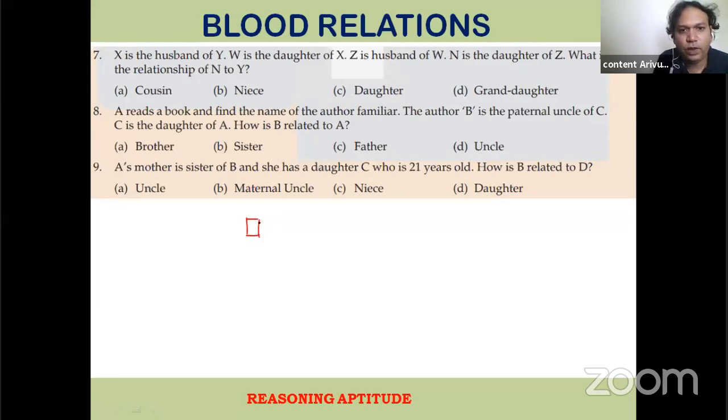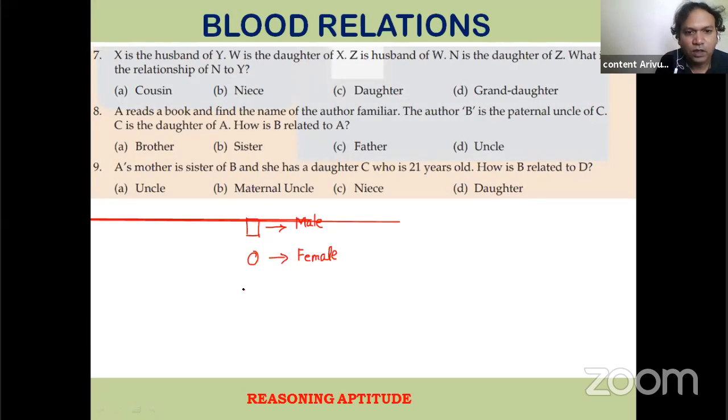So we use the square symbol while constructing a family tree for denoting males, male members of the family. We use the circle for denoting the female members of the family. And we use the equal to symbol for husband and wife.